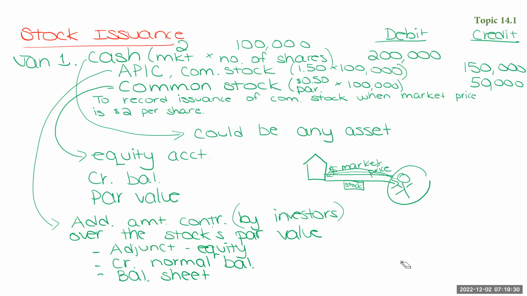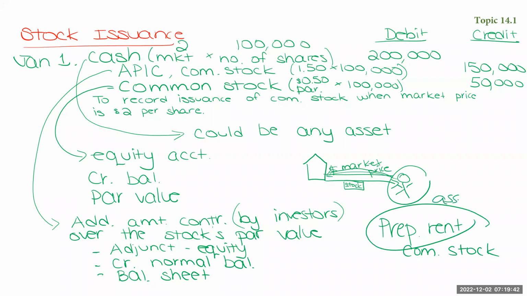Maybe they have a rent that they need, so they'll ask the landlord, hey, can we have rent for a year and we will give you common stock? So they're getting an asset. It just doesn't have to be cash. Of course, most of the time it is cash, but I just wanted to mention that.